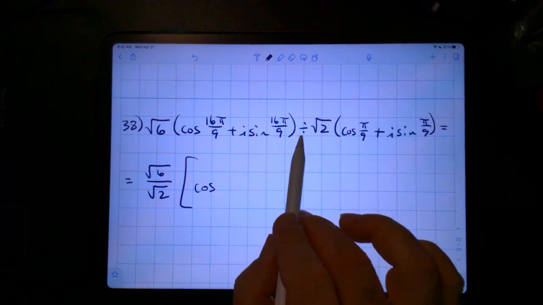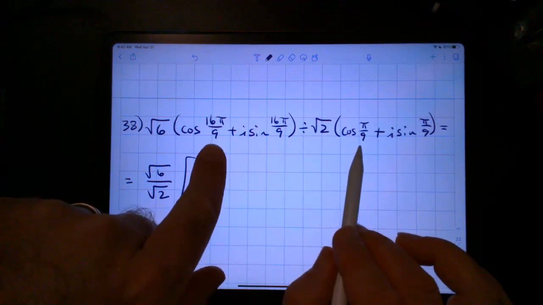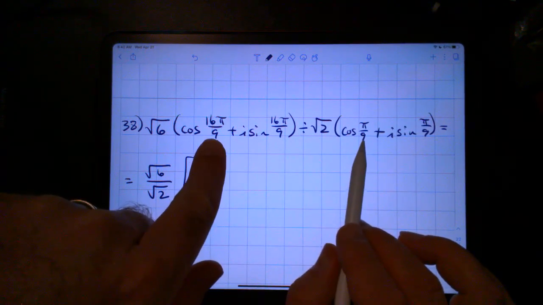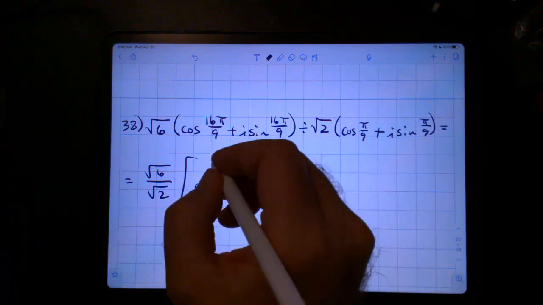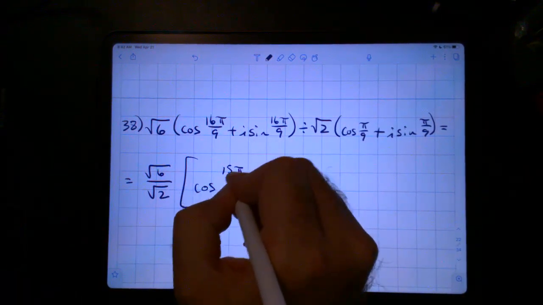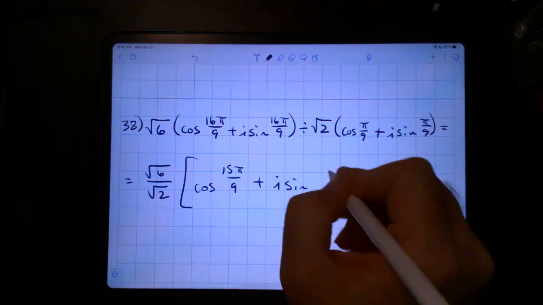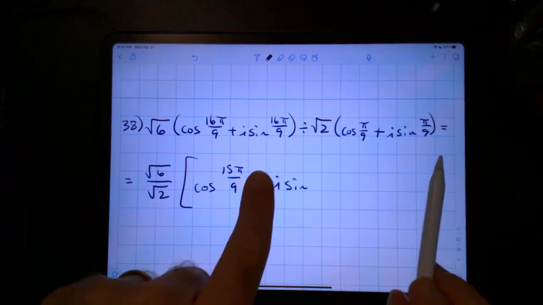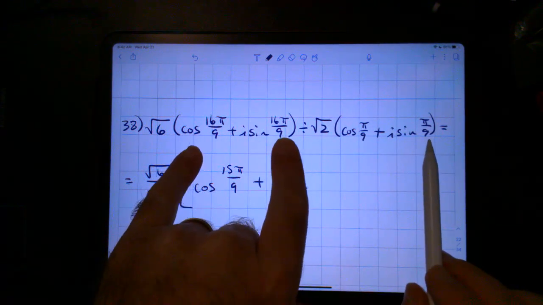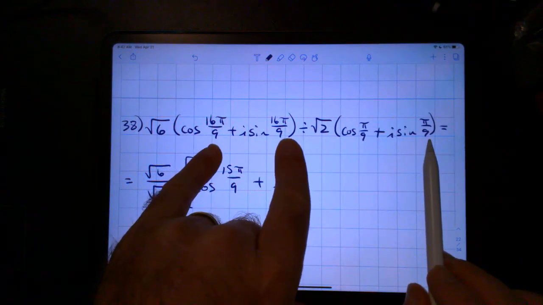Since we're dividing, we're going to subtract the arguments. 16 minus 1 is 15. It's the same number, the same magnitude.